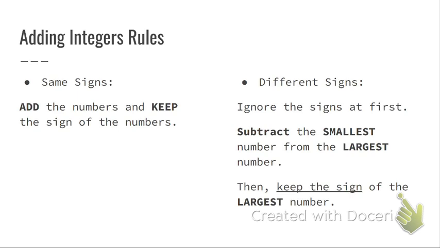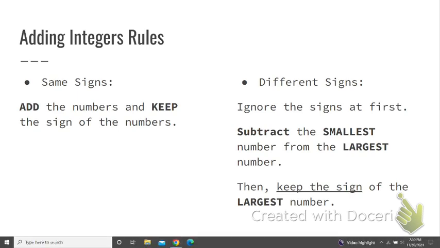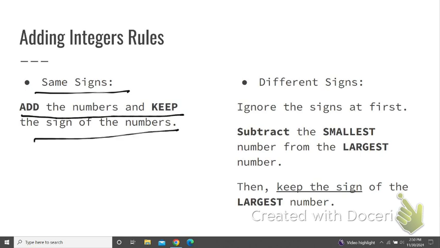So when it has the same signs, we're going to add the numbers and keep the sign. When it has different signs, we're going to first ignore the signs. So if we ignore the signs, we're basically thinking about the absolute value, right?